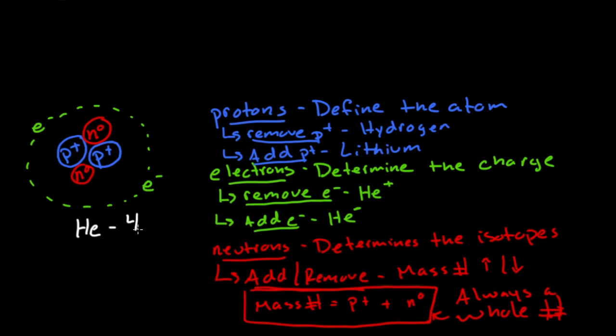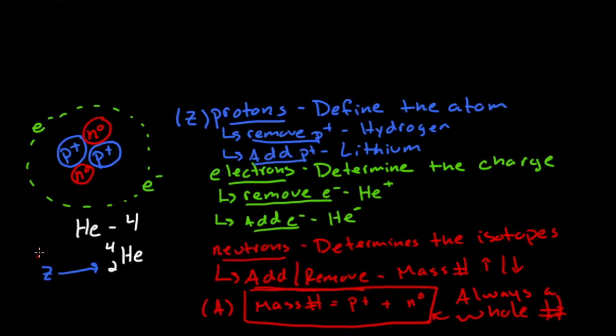Another way that we could write this would be like this. If we have He here, and I put a 2 here, and I put a 4 up here. This 2 represents the number of protons, also sometimes called the Z number. So this is my Z number, and this 4 over here would be my mass number, sometimes also called an A number.